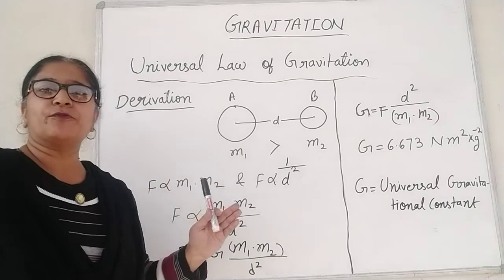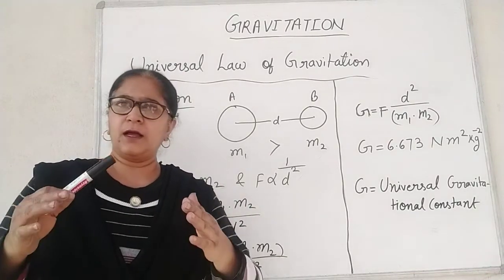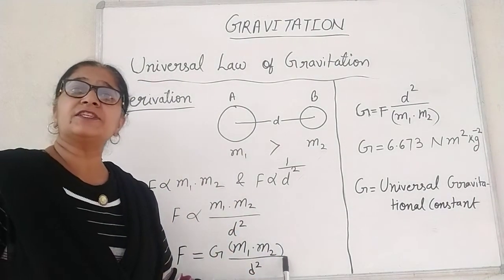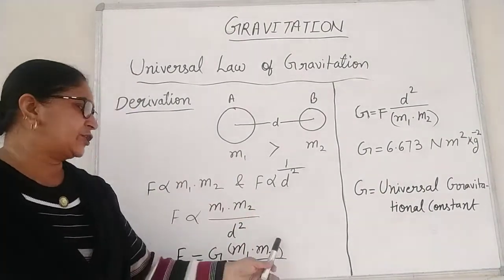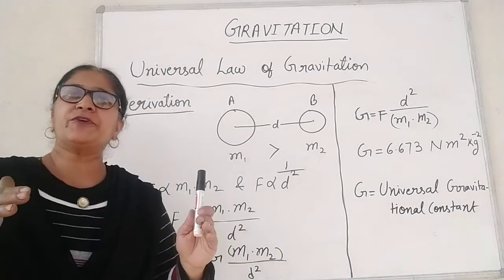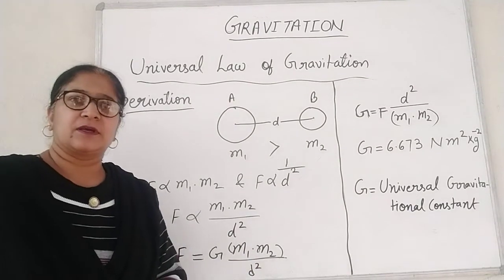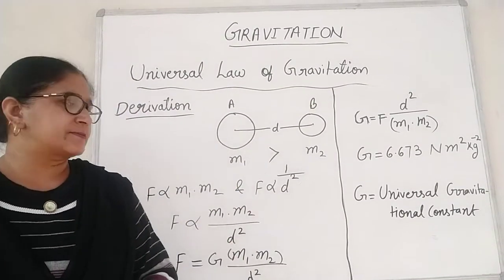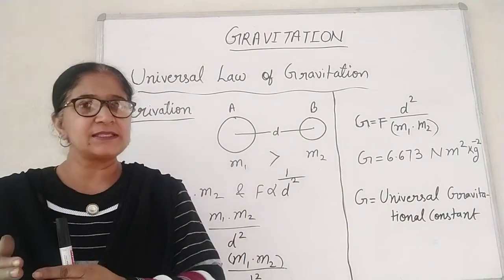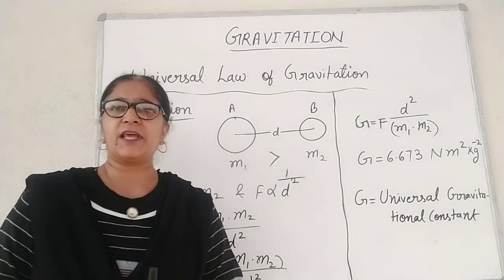If the mass of any object increases, then the gravitational force will have more magnitude, and the less the distance between two objects, the greater their gravitational force. So force is directly proportional to the product of the masses and inversely proportional to the square of the distance between them.